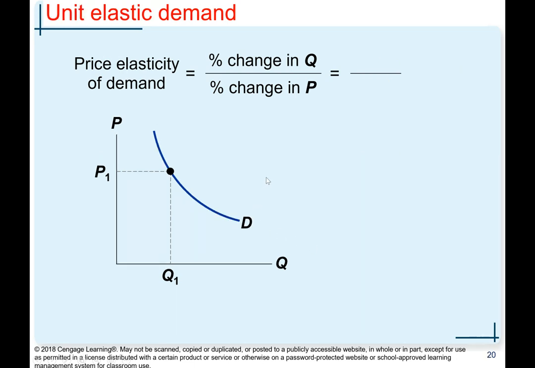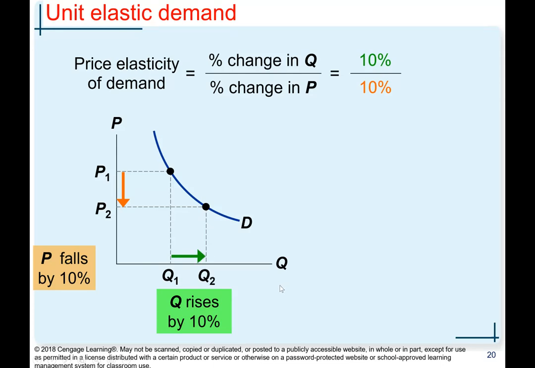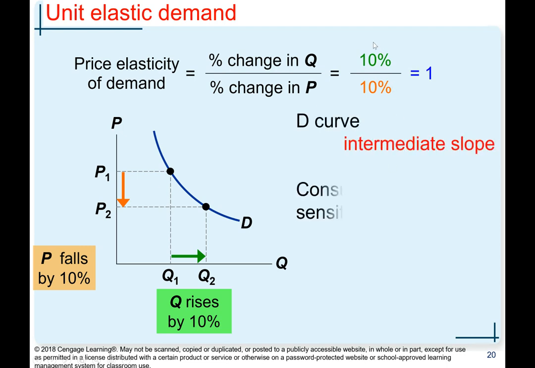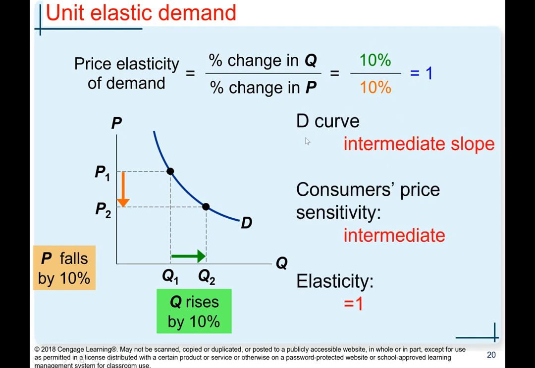What about unit elastic demand? Unit elastic demand is calculated as price changes from P1 to P2, price falls by 10%, quantity changes from Q1 to Q2, quantity rises by 10%, 10% divided by 10% is equal to 1.